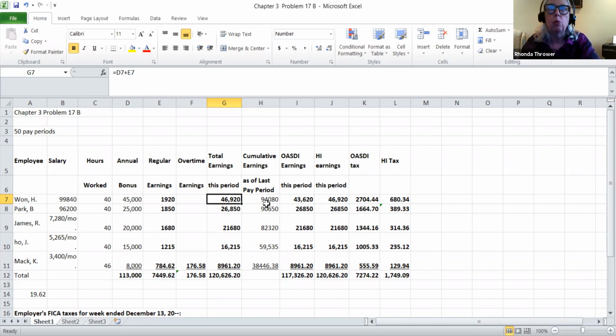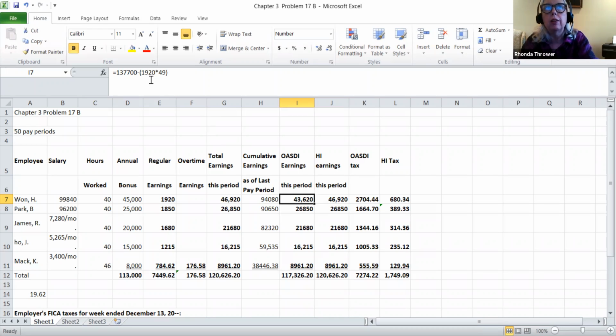that's going to take you above the ceiling of $137,700. So what we're going to have to do is we're going to have to determine the amount of those earnings that is taxable for OASDI. And to do that, what you're going to do is you're going to take the ceiling, which is $137,700, and you're going to subtract from it the cumulative earnings to date, which was $94,080.